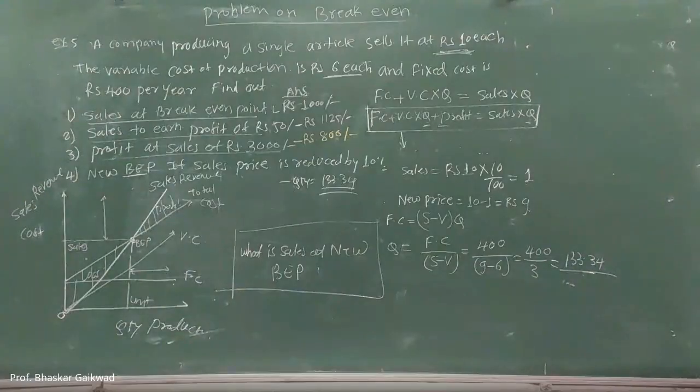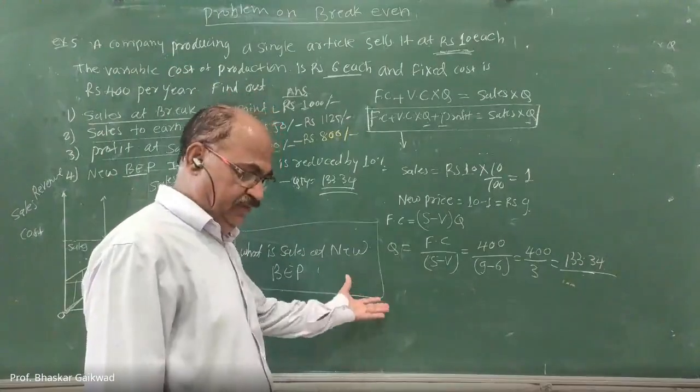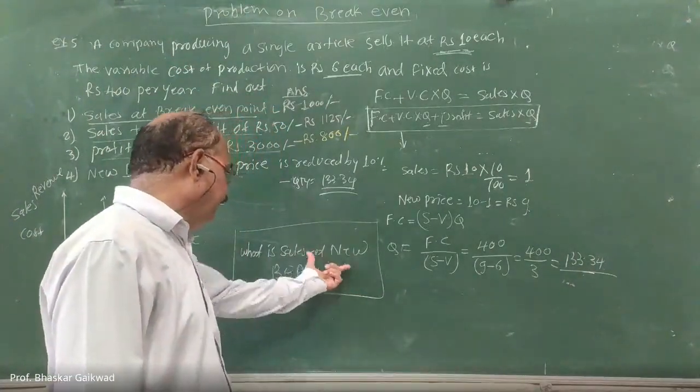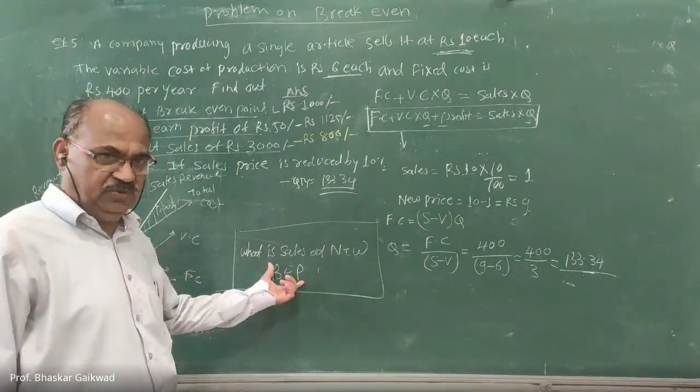Is this that much too difficult? Are you getting my sound? Now, you tell me how to calculate the sales at new break-even point. Maybe wrong answers, I will accept it. Okay, I will just change, but you have to tell how to calculate new sales at the new break-even point. How to calculate?